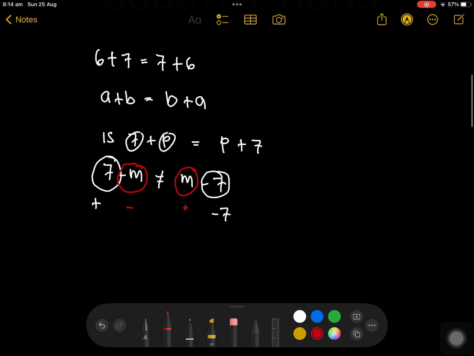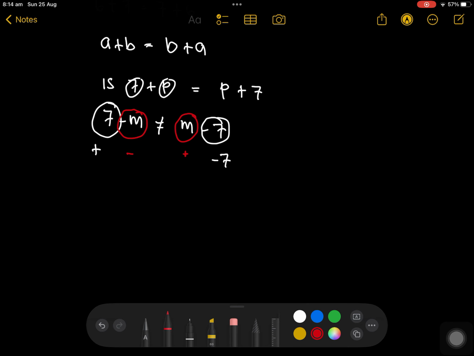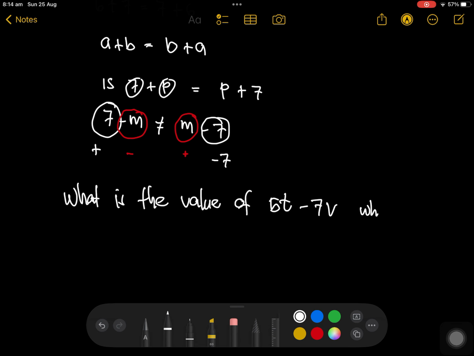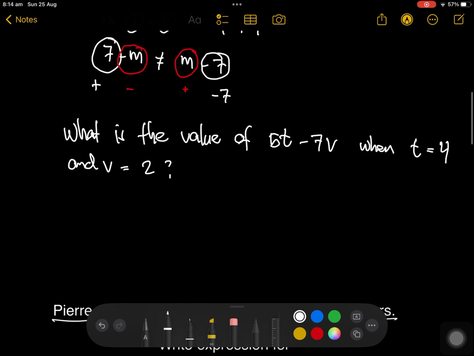For example, what is the value of 5t minus 7v when t is equal to 4 and v is equal to 2? All right, so all you have to do is substitute t by 4 and substitute v by 2.